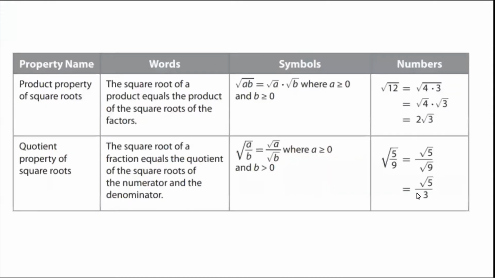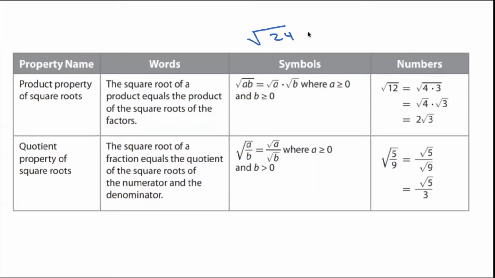In this part of our lesson, we are going to have to recall the product property of square roots. Whenever we have a square root of a number, if that number has two factors, we can separate it. For example, the square root of 24.